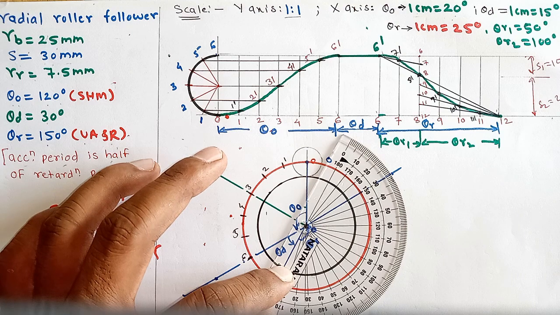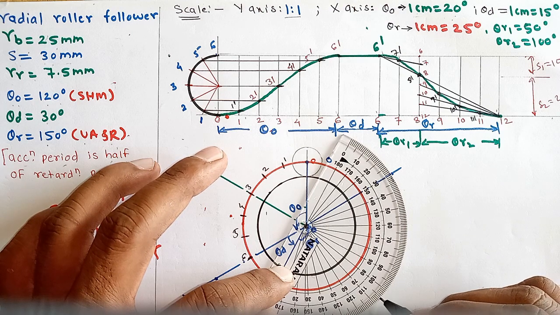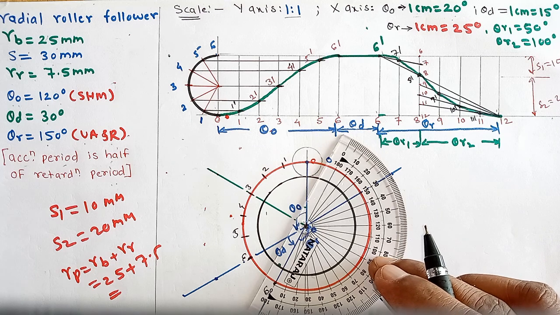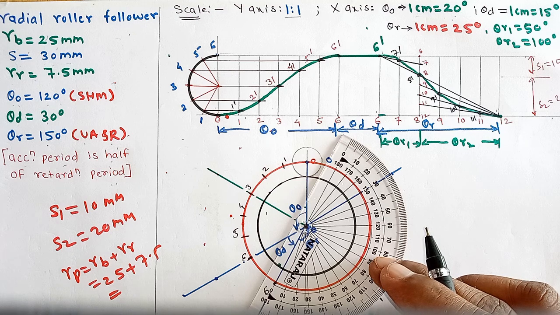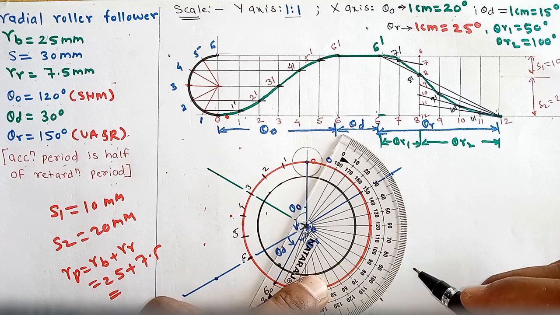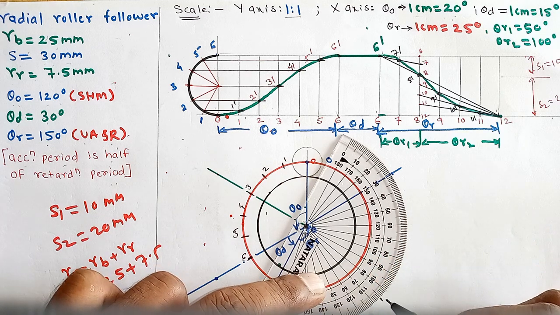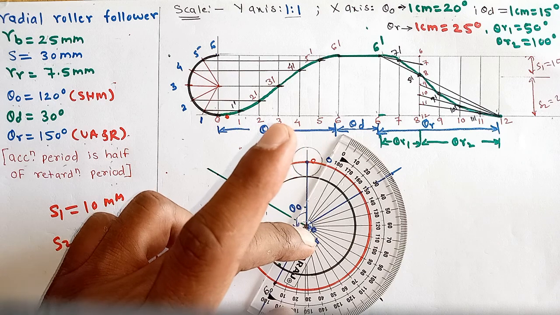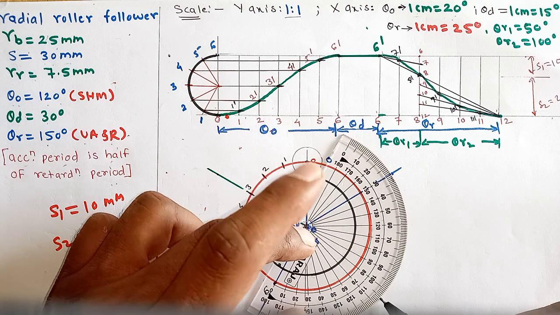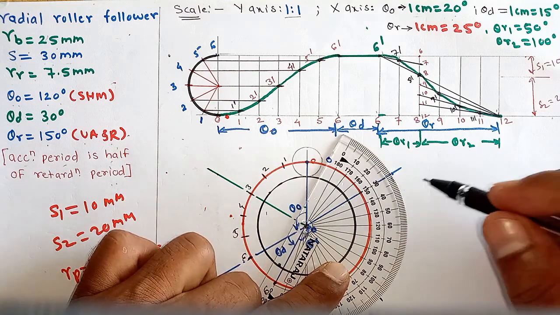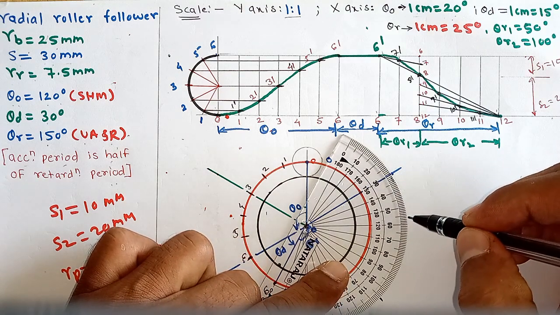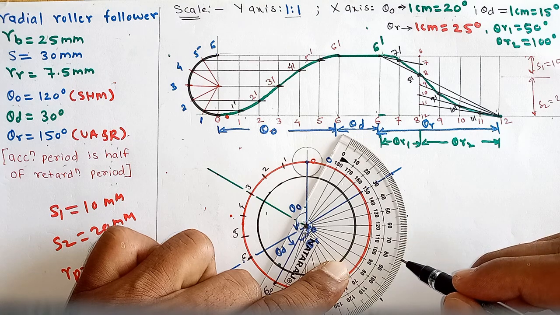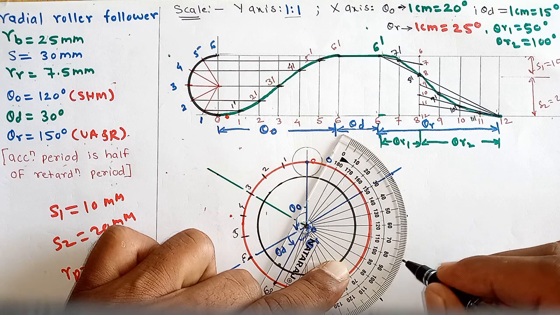So this is 25, 50, 75, and so on, 25, 25, 25. Now we'll come from this side. So this is 25.